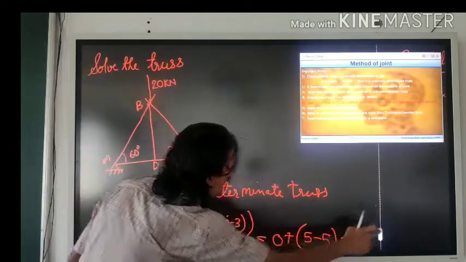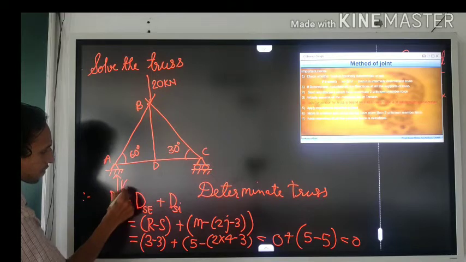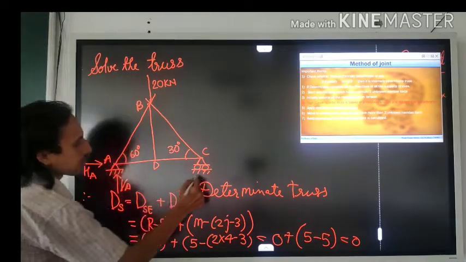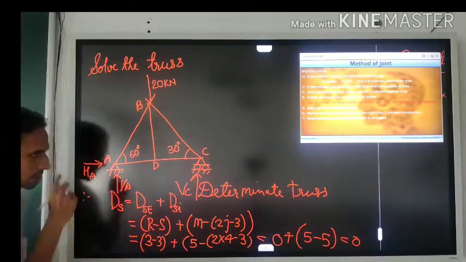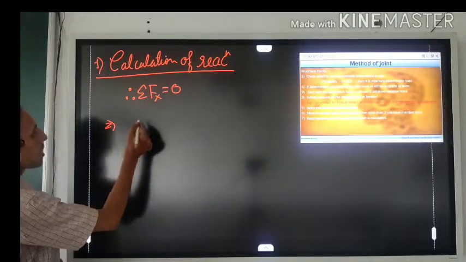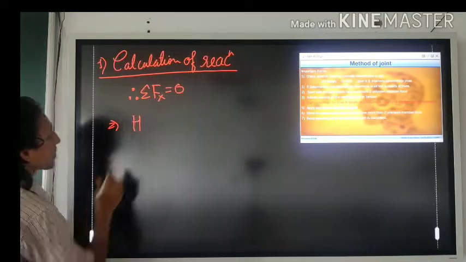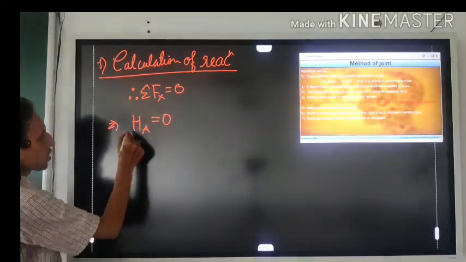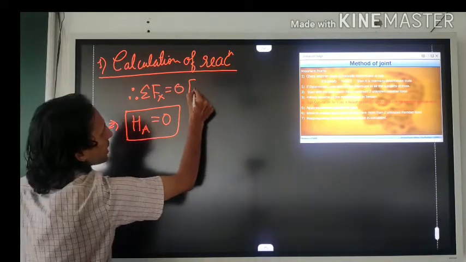For this, how many reactions are there? The first reaction is VA, the second is HA, and the third is here, VC. So the total horizontal force for the given question is only one, that is HA, so HA is equal to 0. The sign convention we can take like this.